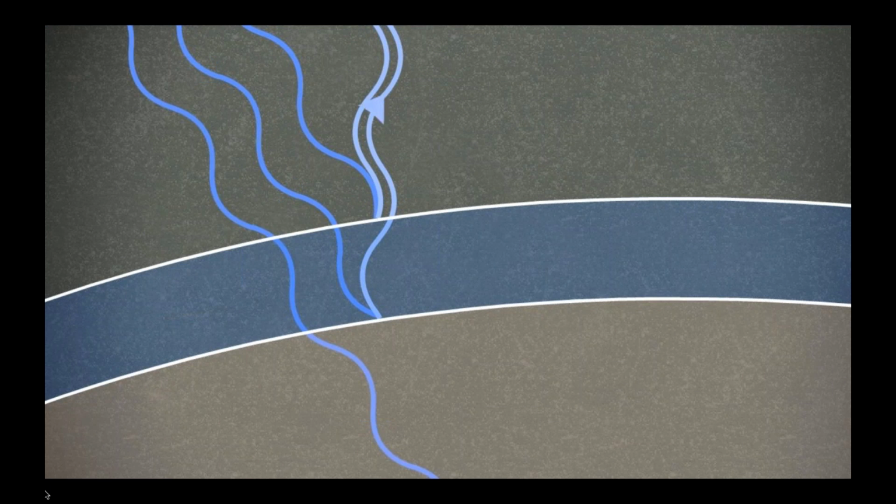As you can see, some of the wave is reflected off the top, some is reflected off the bottom, and some passes right through. In this spot, the thickness of the bubble corresponds to the length of the wave. So, the waves that reflect off the top and bottom of the bubble line up perfectly, sending a very strong blue signal back into the air.